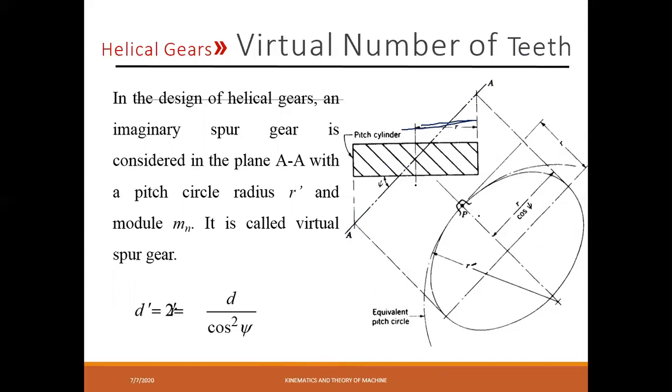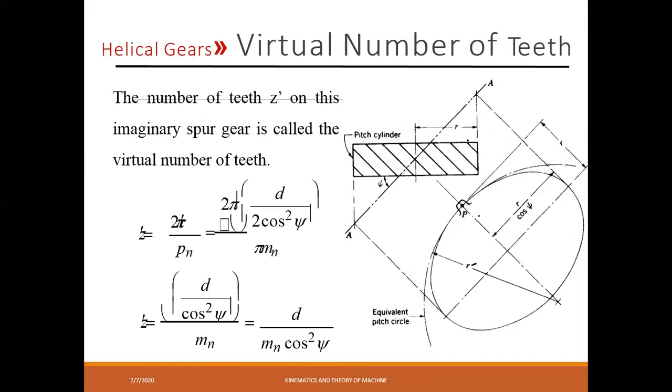And mn is the module, right? If we consider in the plane A an imaginary spur gear having a pitch circle radius r' and module mn, it is called the virtual spur gear, right? The number of teeth on the imaginary spur gear is called the virtual number of teeth, right?